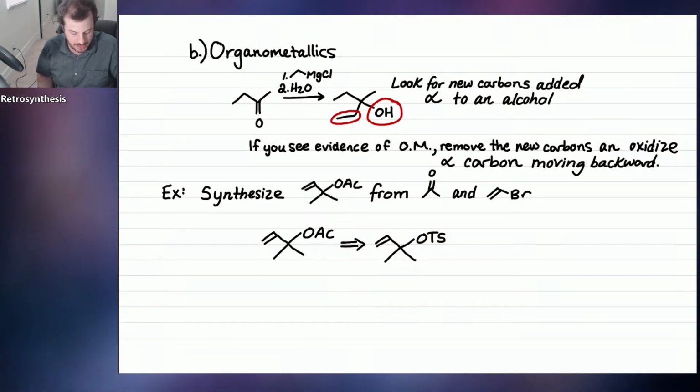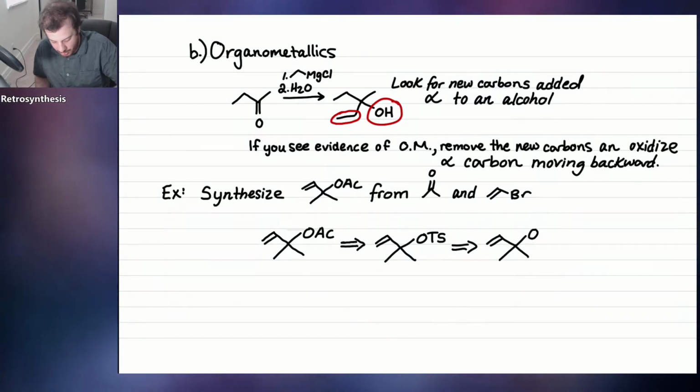Now, what reaction makes a tosylate? Only one reaction we know of makes a tosylate. It's the high-tech method. And the high-tech method turns an alcohol into a tosylate. So immediately, once you get the tosylate, turn that into an alcohol because you know that's the only way you know how to make a tosylate.